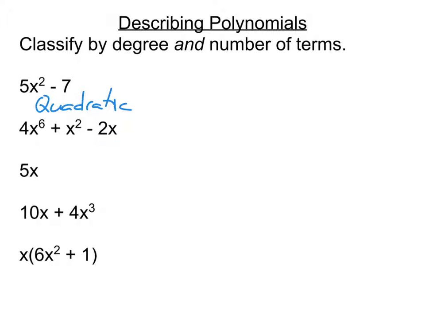That's the degree part. Then I go to number of terms. And so I have to count how many terms do I have. I got 2. And so if there's 2 terms, then it is a binomial. And so then that would be total classification. That one ends up being a quadratic binomial. Repeat the process for the remaining 4, please.